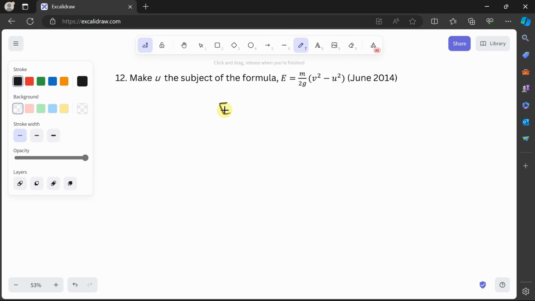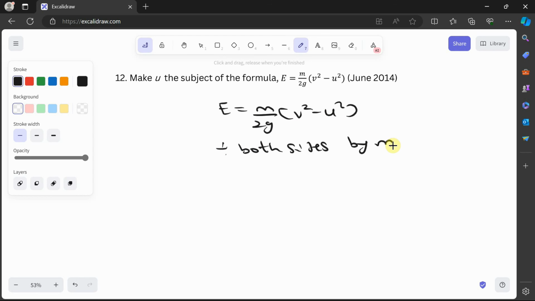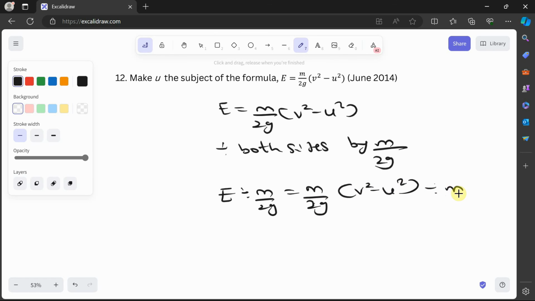We have E to be equal to M over 2G open brackets V squared minus U squared. So to make this V squared minus U squared stand alone, because that's what our subject of formula that I want to make is, I can divide both sides by M all over 2G. So that will be E divided by M over 2G is equal to M over 2G open brackets V squared minus U squared, then divided by M over 2G.